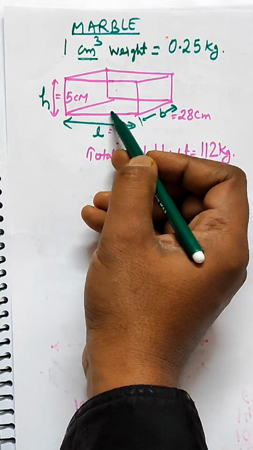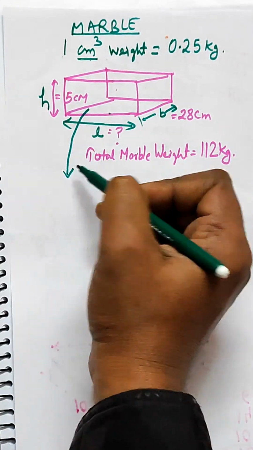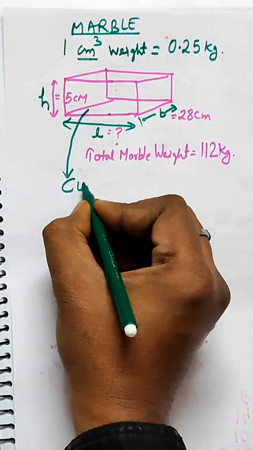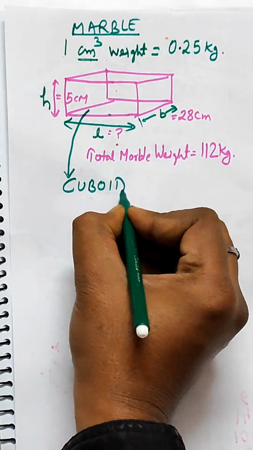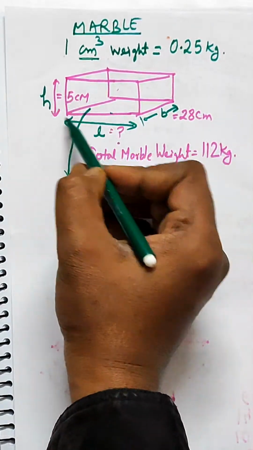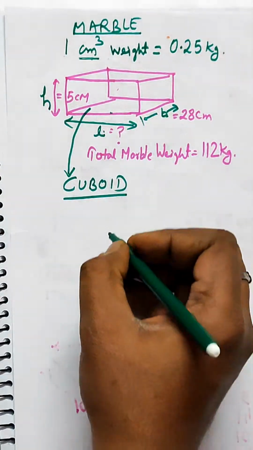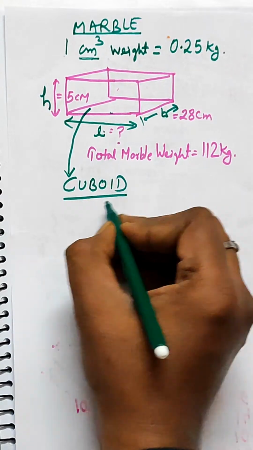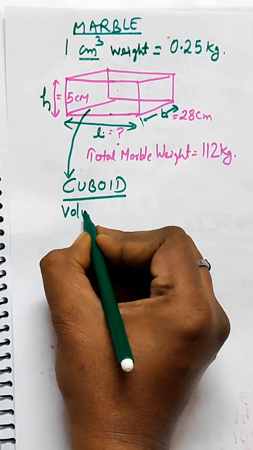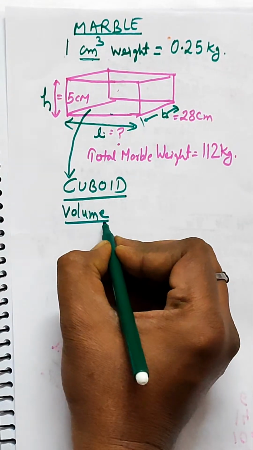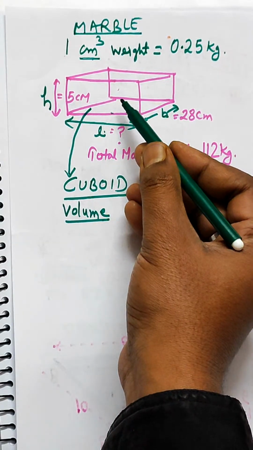So calculate the volume of this cuboid. This is looking like a cuboid, where we have length, breadth, and height all together, right? So what is the volume of the cuboid? That will be the same as the volume of the marble over here.